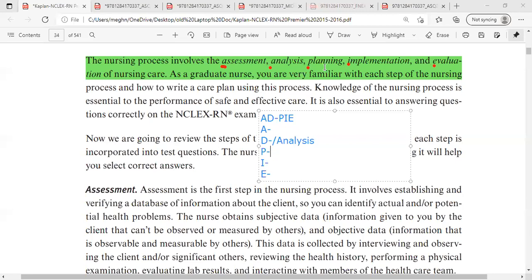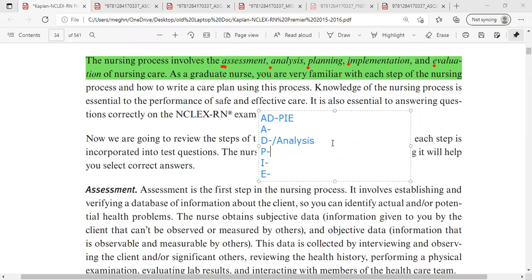When you make the patient's plan of care, we ask: what are the priorities for the patient, and how does this determine the client's needs?